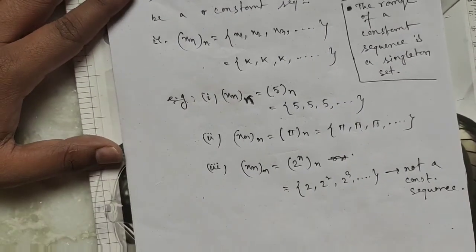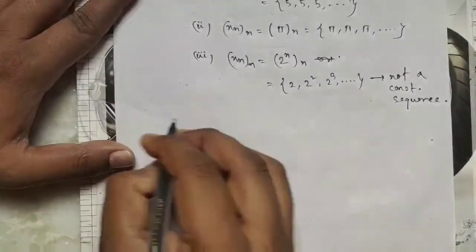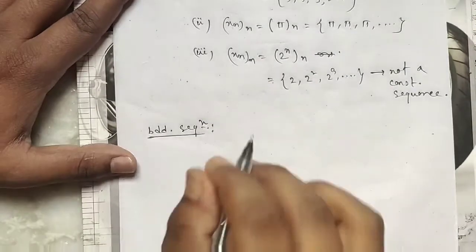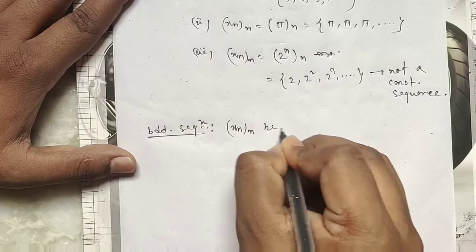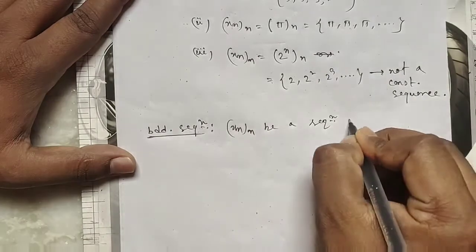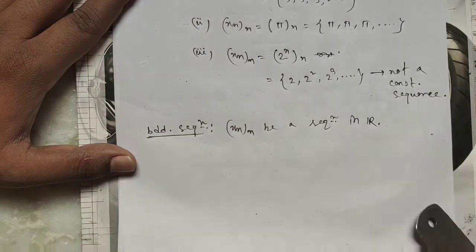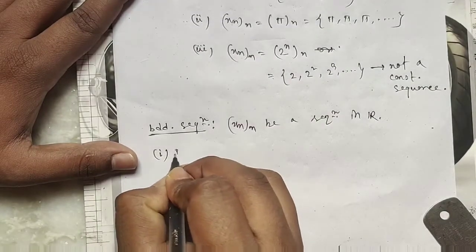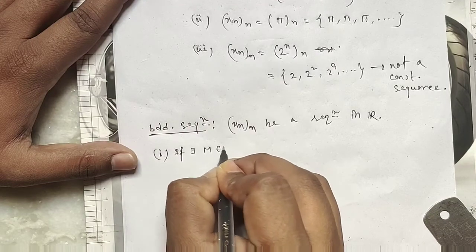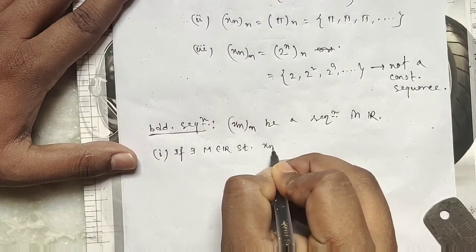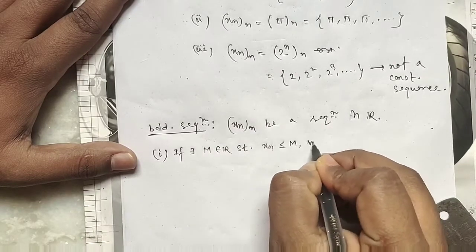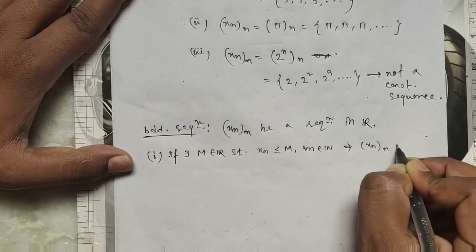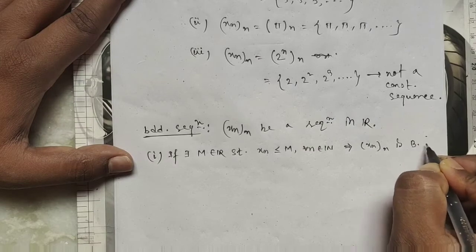Now we will define bounded sequence. Let xn be a sequence in R. Then number 1, if there exists M belongs to R such that xn less than or equal to M for all n, this implies the sequence xn is bounded above.